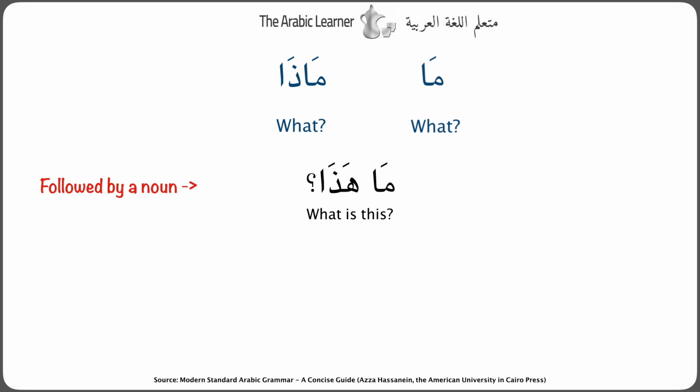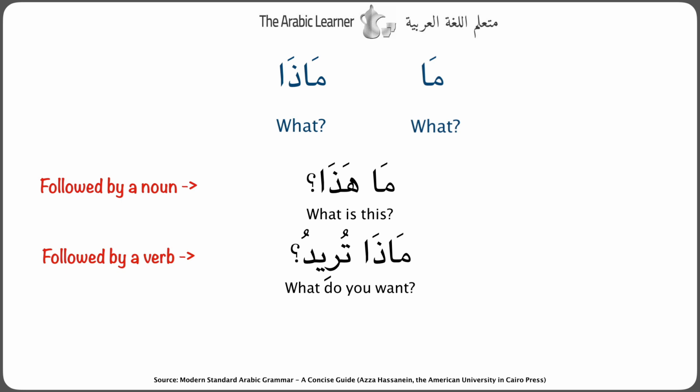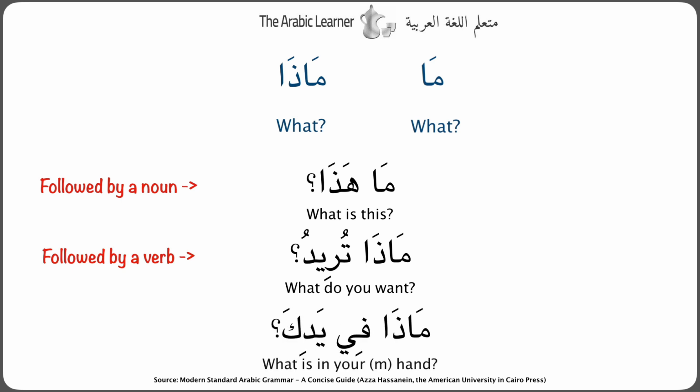So when we have a noun following it, we would use the word ما. ماذا تريد؟ When it's followed by a verb, we use the word ماذا. And ماذا في يدك؟ when it's followed by a preposition, we also use the word ماذا. So the preposition here is in your hand, في يدك. These are the different uses of the word ما or ماذا to ask what.